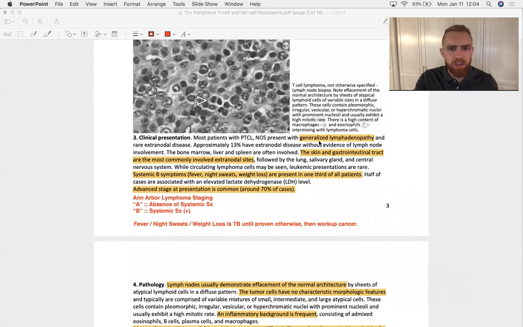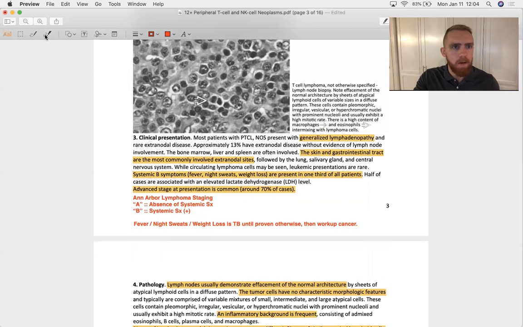Now, presenting symptoms, and this paragraph really is going to apply to any lymphoma. You see generalized lymphadenopathy. Again, that's painless, non-tender. The skin and GI tract are commonly involved extranodal sites. That means you could start seeing T-cell proliferation in a little cluster outside of a lymph node.